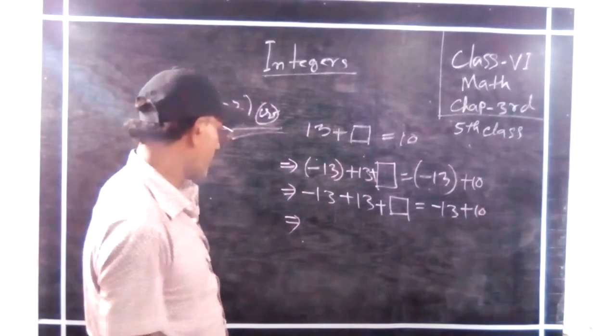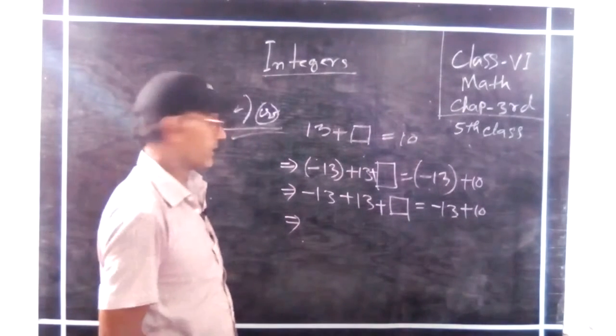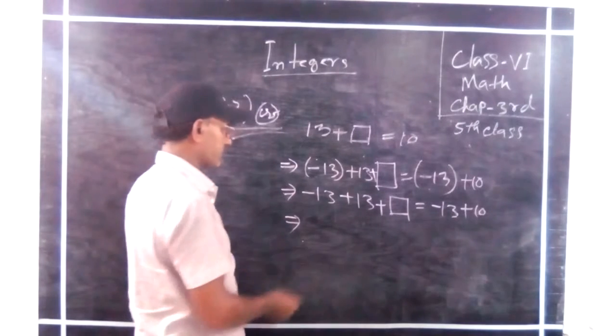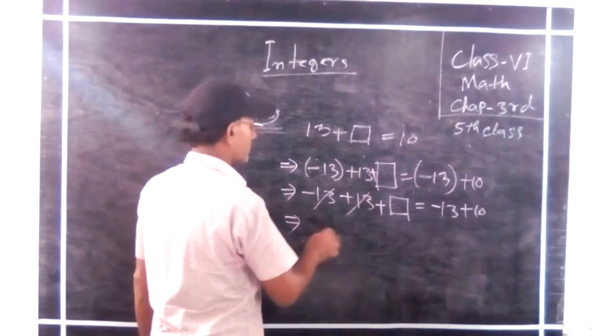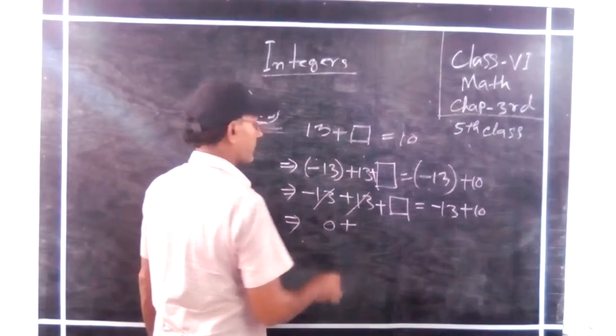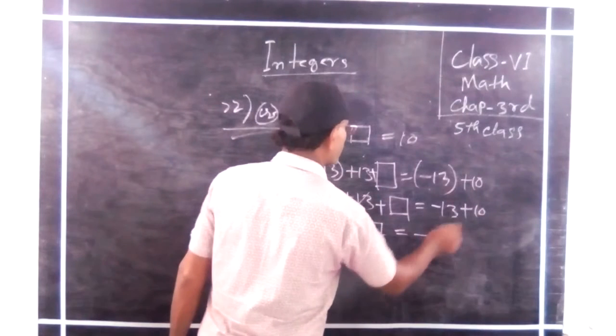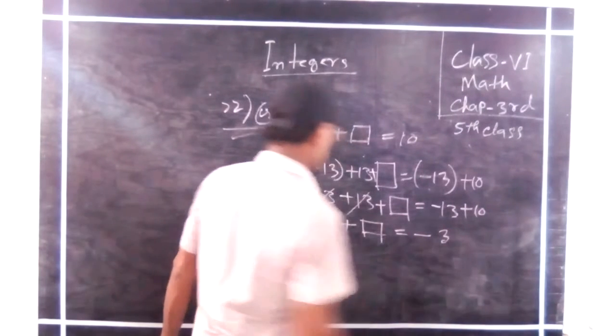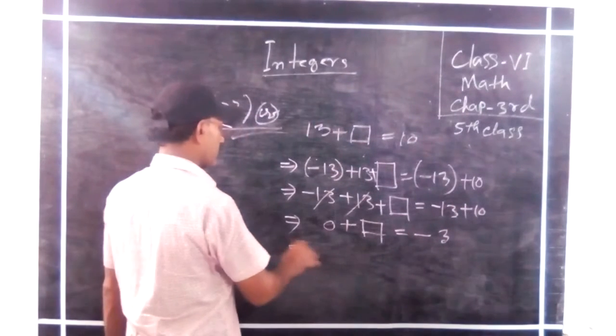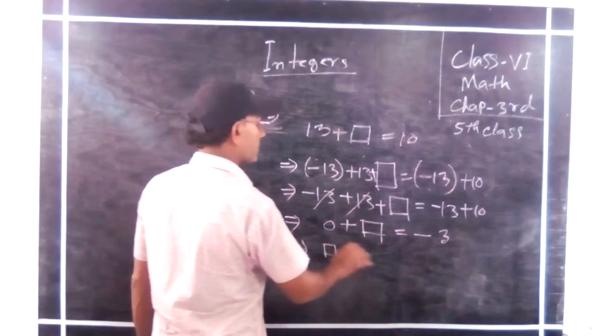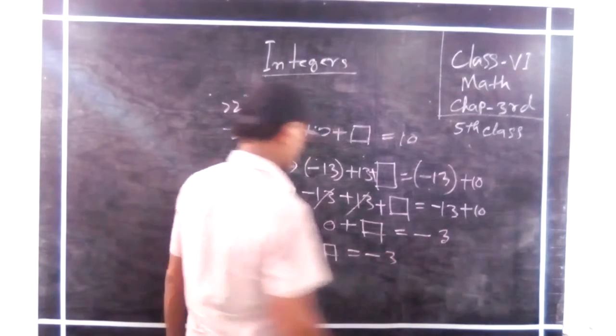We remove plus 13 and minus 13. So 0 plus empty cell equal to minus 3. That means empty cell equal to minus 3.